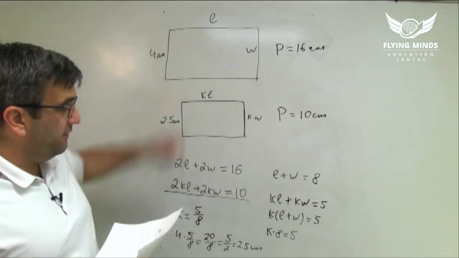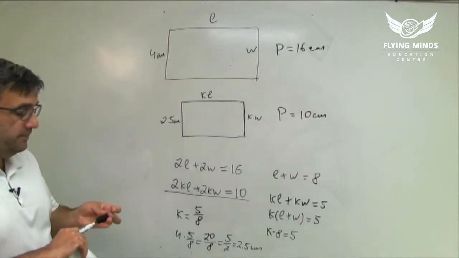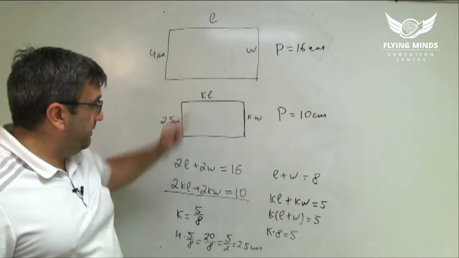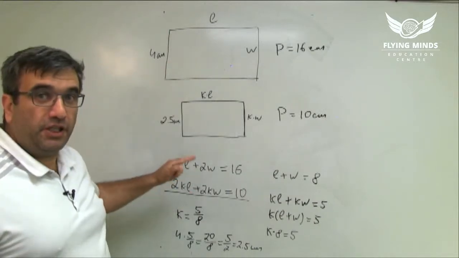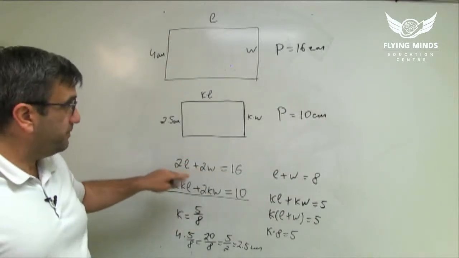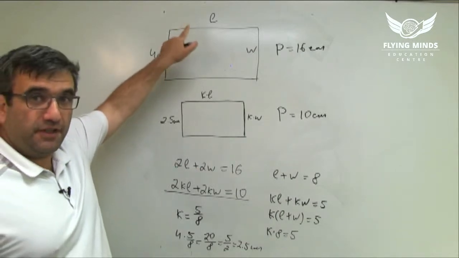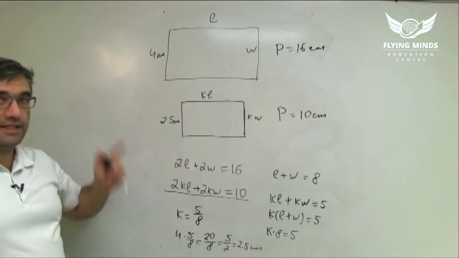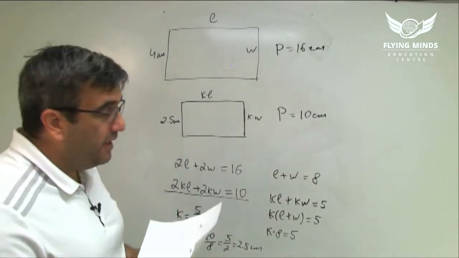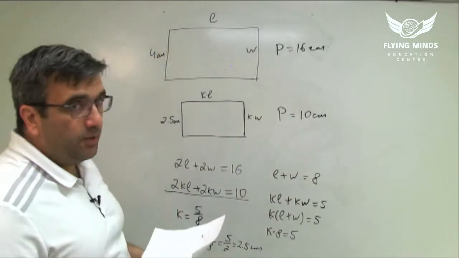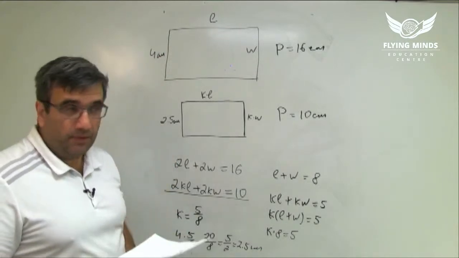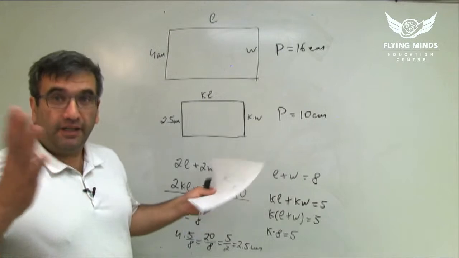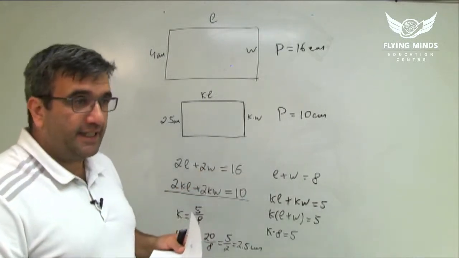So what we need to know here is how to calculate perimeter, how to build equations. We need to know what perimeter is, the definition, and how to calculate it. So we need to know similar shapes, what this means, right? Similar shapes are shapes that have the same shape but different in size.